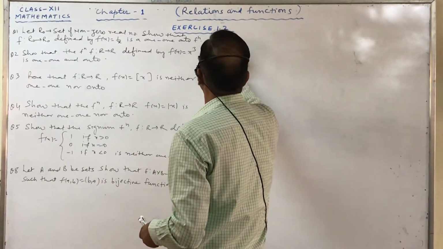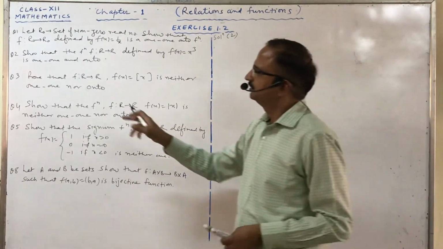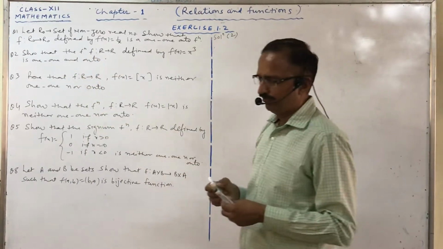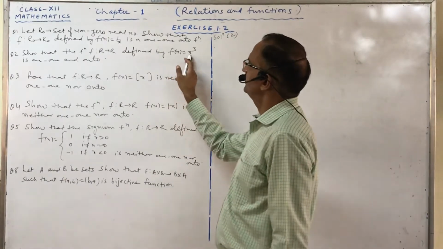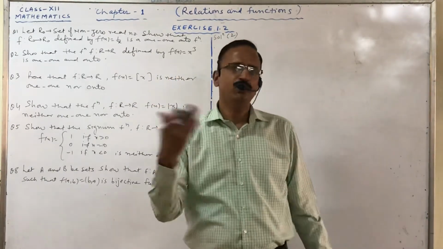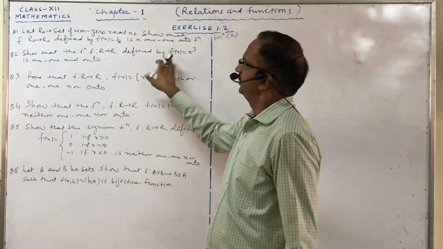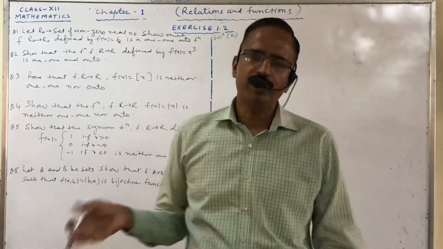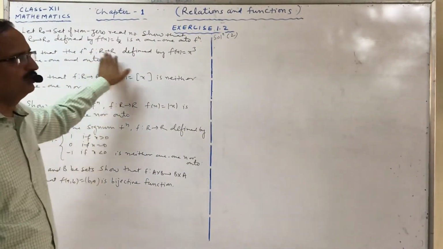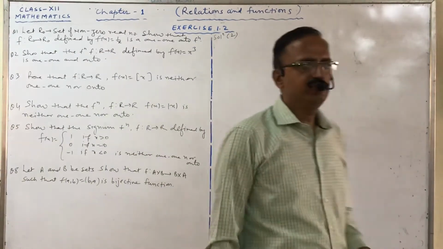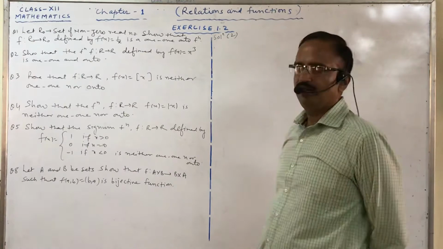Show that the function f from R to R, real numbers to real numbers, defined by f(x) equals x cube is one-one and onto. Function is f(x) equal to x cube and it is defined from R to R, meaning domain and codomain both are real numbers.